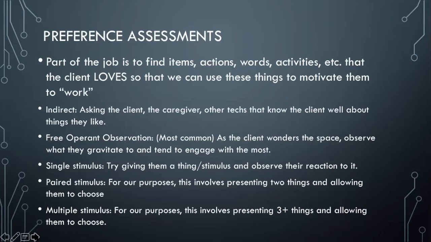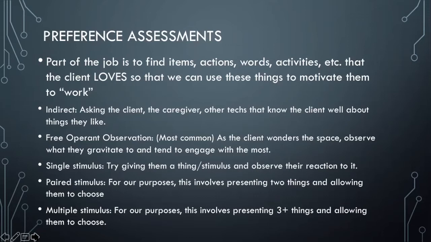For the RBT exam, it'll ask you about a few different forms of preference assessments. The first one's super easy, and it's indirect. In ABA, whenever we talk about direct or indirect, it's basically observed or not observed. Indirect means I did not observe it. Direct means I saw it with my own eyes.